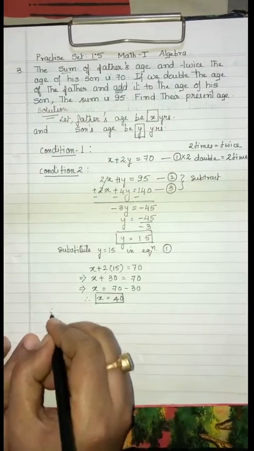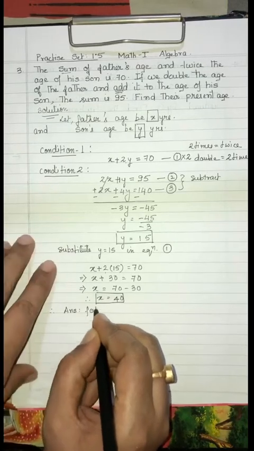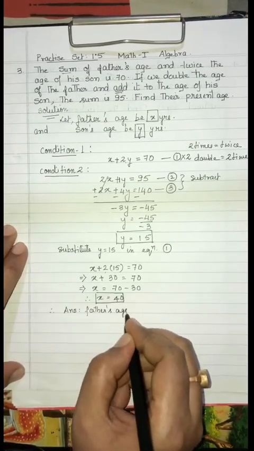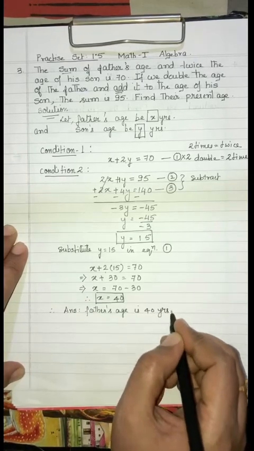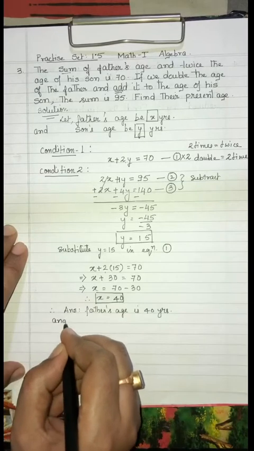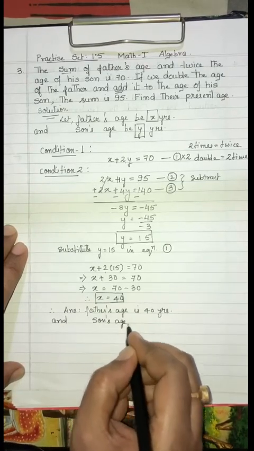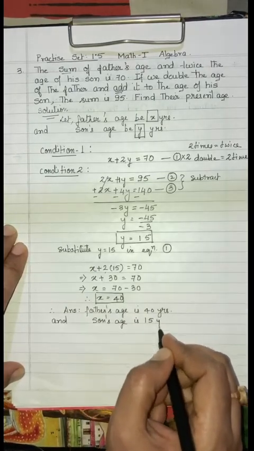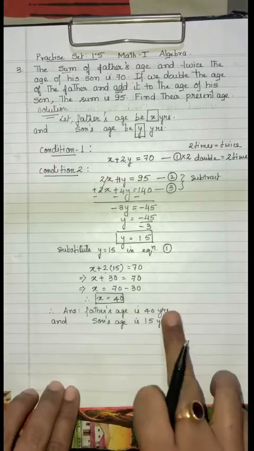Therefore the answer will be: father's age is 40 years and son's age is 15 years. Okay, children. So you can even cross check once.